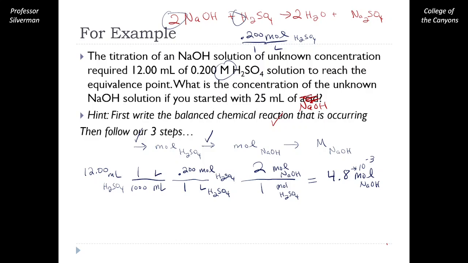We want to do one last step and calculate the molarity. To get the molarity, we need our moles and we need our liters. Well, good news. We just calculated the amount of moles. All we need to do next is calculate the amount of liters.